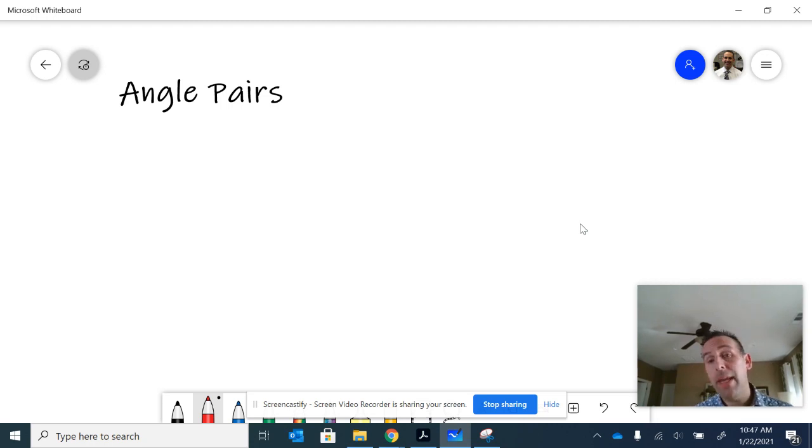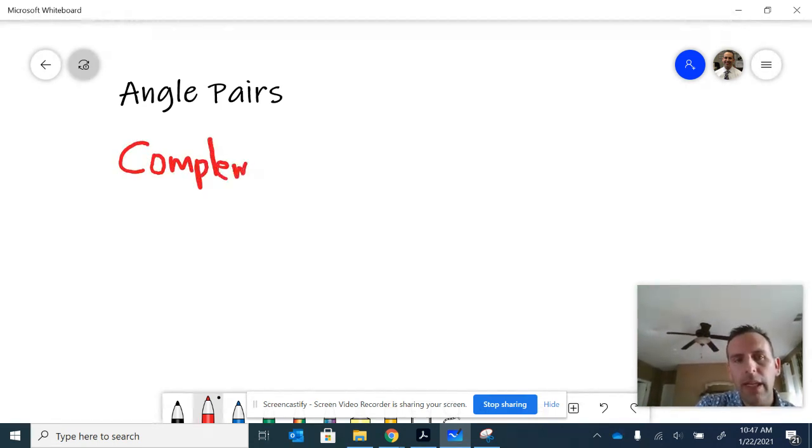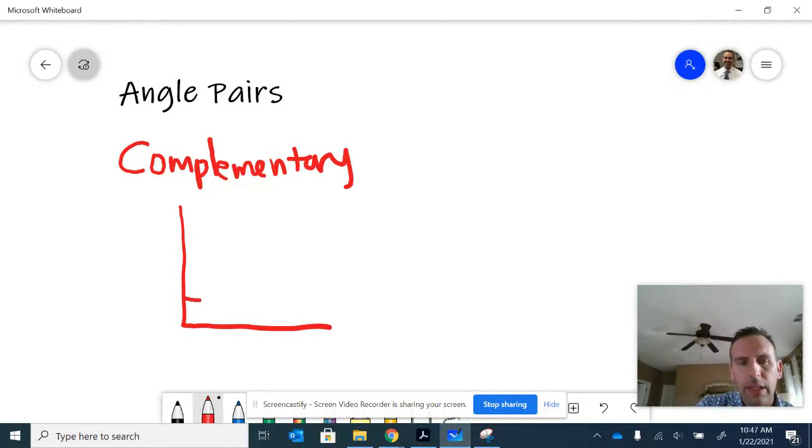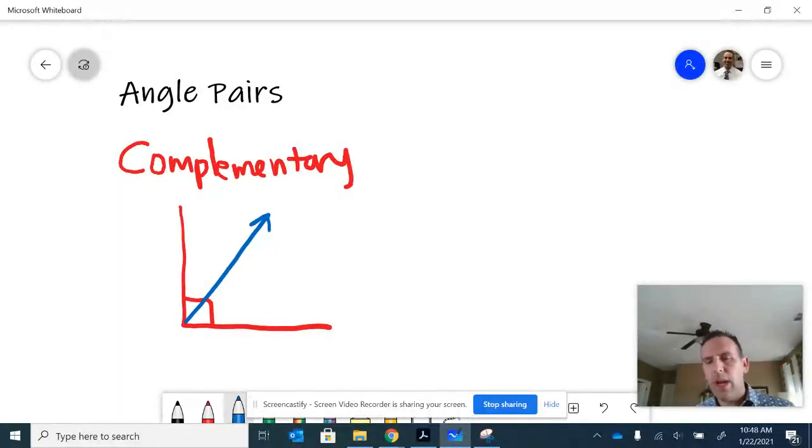The main types of angle pairs are complementary angle pairs, and those are angles that add up to 90 degrees. For example, if you had an adjacent set of angles that were part of a 90-degree angle, here's a 90-degree angle. Let's say I were to not necessarily bisect, but to put a ray in there.